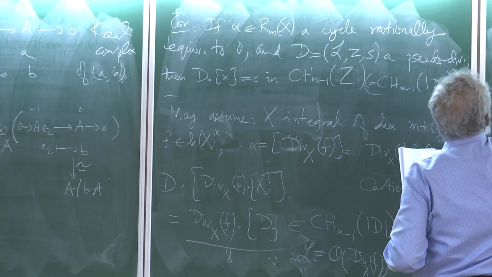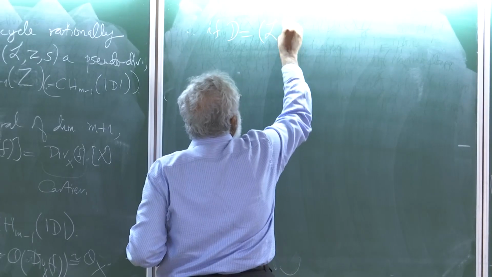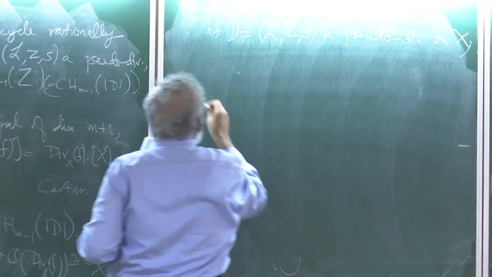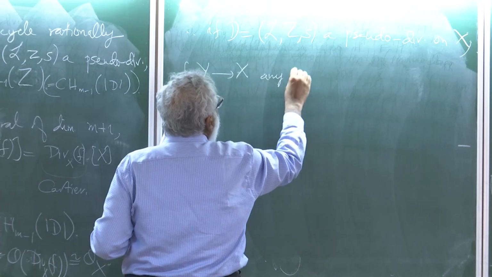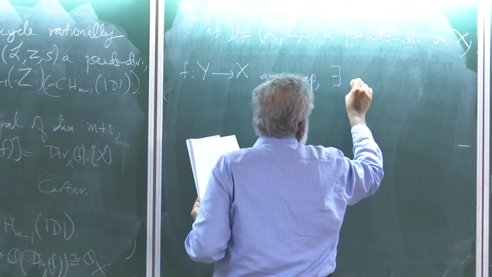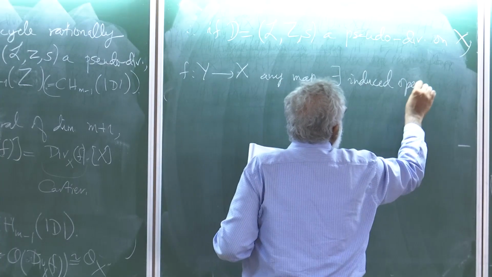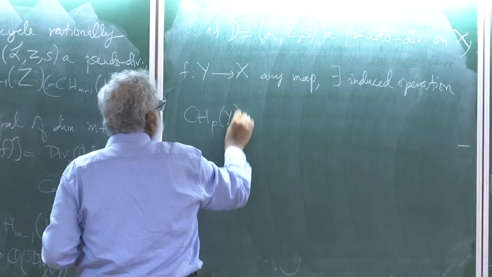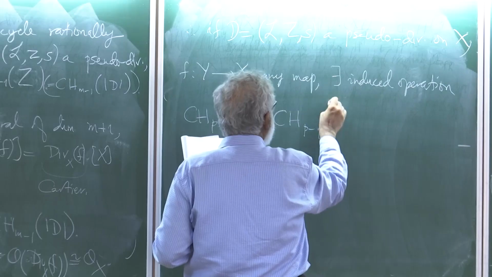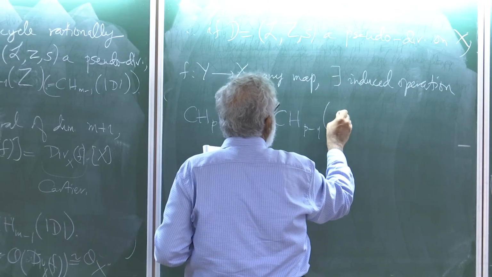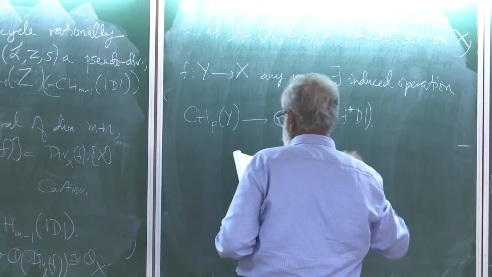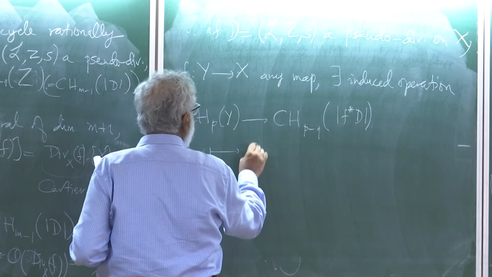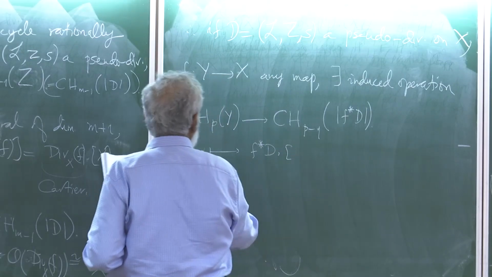Right, so therefore, if D equals (L, Z, s), a pseudo divisor on X, and I have f: Y to X any map, there exists an induced operation from Chow lower p of Y to Chow lower p minus 1 of the support of f upper star D, let me put it like that, given by alpha goes to f upper star D dot alpha.